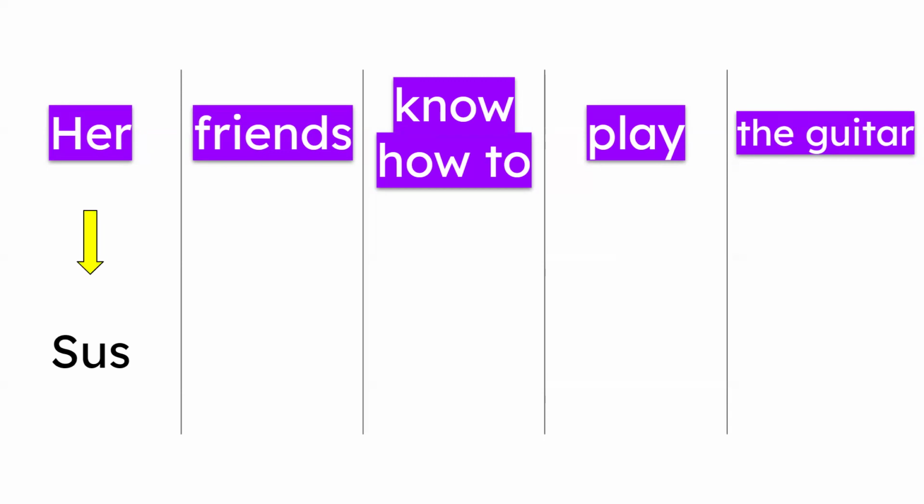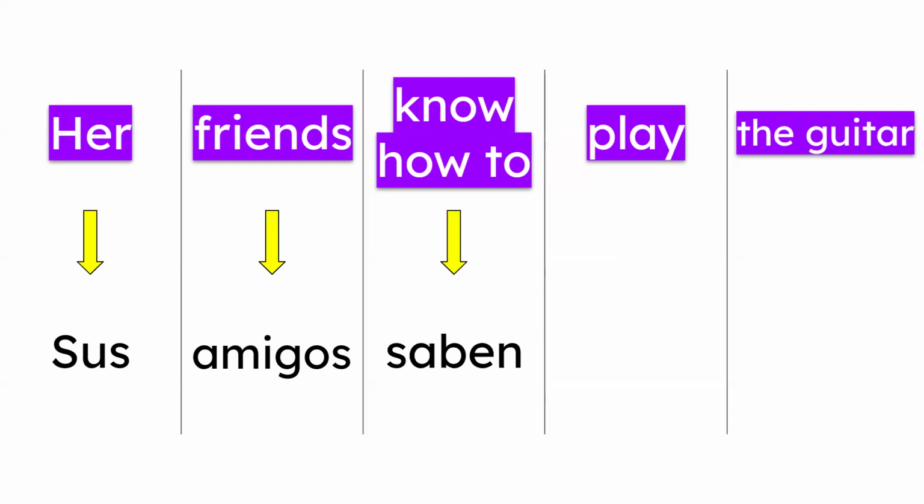Why? Because the next word is in plural. So, sus amigos, that means they. So the right conjugation for saber here goes saben, correct. Sus amigos saben.